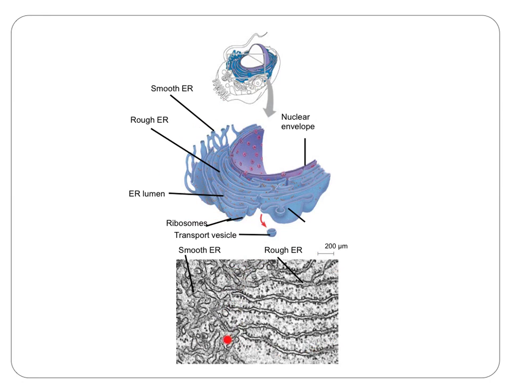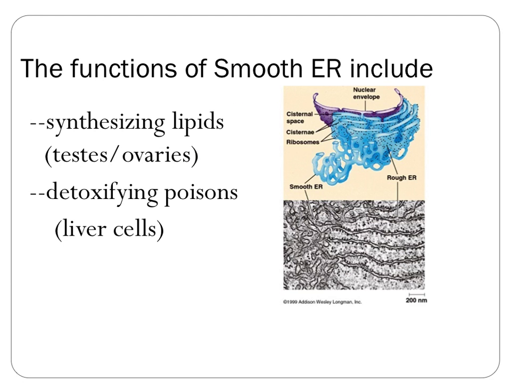So both of them are endoplasmic reticulum. Both of them act sort of as factories, but they're going to do slightly different things. The smooth ER, again, you can see that here and here.